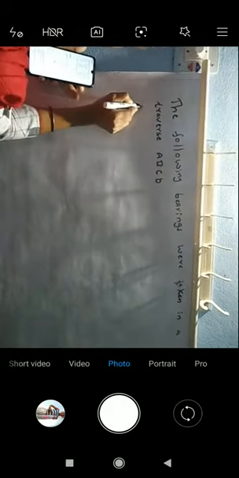So the bearings were, you can note down this table.